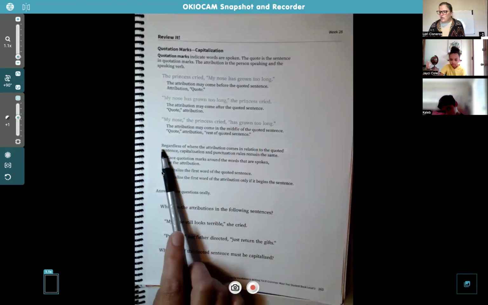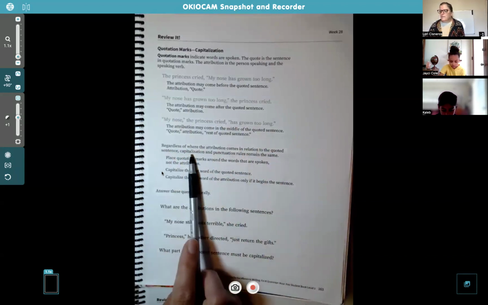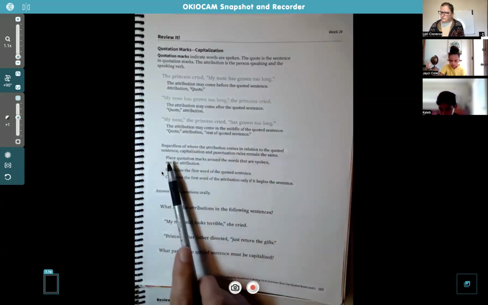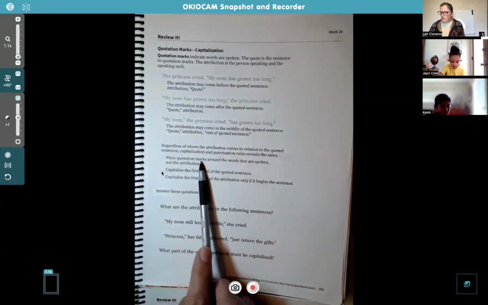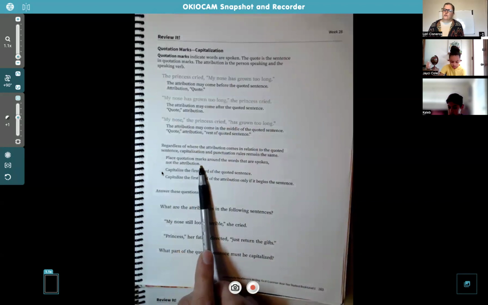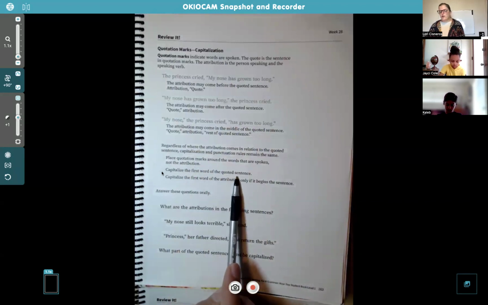So down here it says, regardless of where the attribution comes in relation to the quoted sentence, capitalization and punctuation rules remain the same. Place quotation marks around the words that are spoken, not the attribution. So that's always going to stay the same. Capitalize the first word of a quoted sentence.